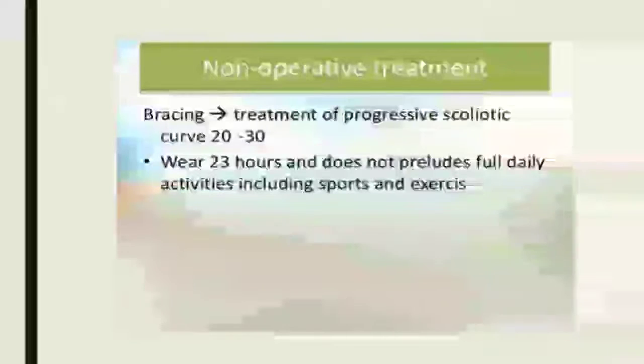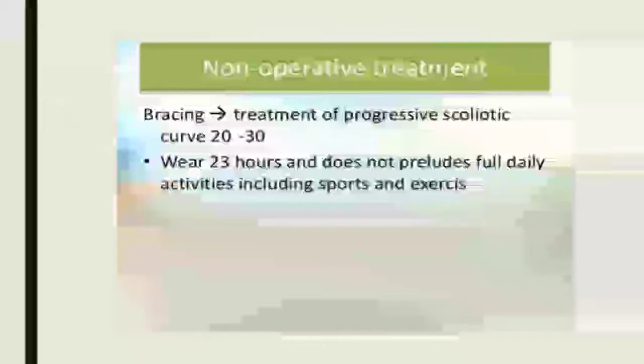Non-operative treatment, bracing, is for a progressive scoliotic curve of 20 to 30 degrees, worn 23 hours a day, and does not preclude full daily activities including sports and exercise.